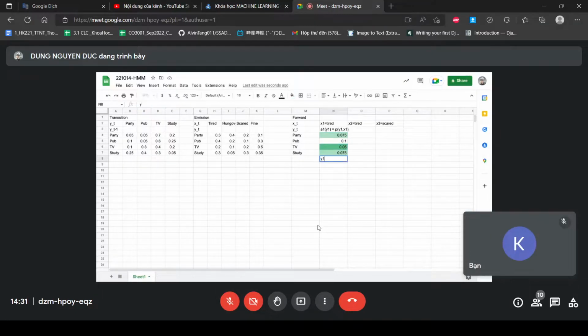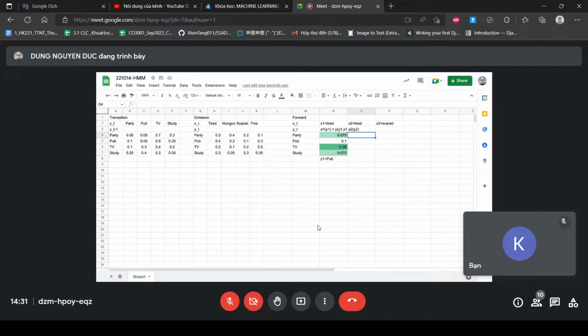So I can easily conclude y1 equals pop, right? Yes, the principle of forwarding is to calculate the state right away. So how about alpha 2 of y2? Well, if you calculate according to the formula we have so far, do you remember the formula, or do you need me to explain it?